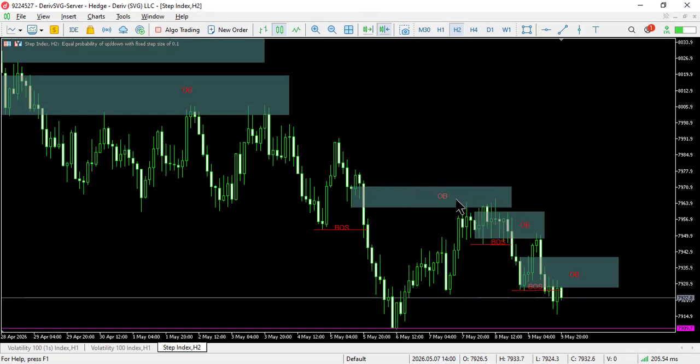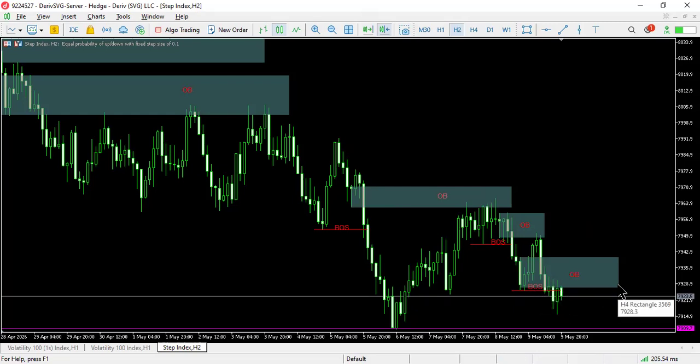Price went to go and take it to this order block and we are getting a push to the downside, and then we got this break of structure. Price went to go and tap into the order block and we got a push to the downside.